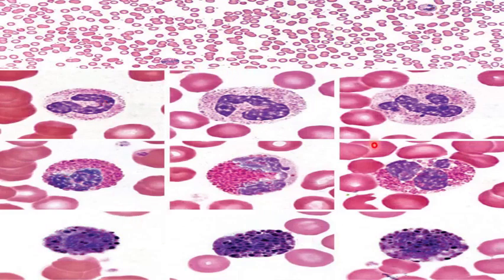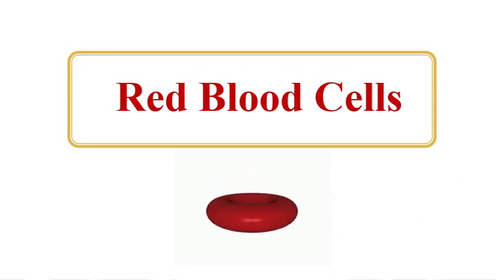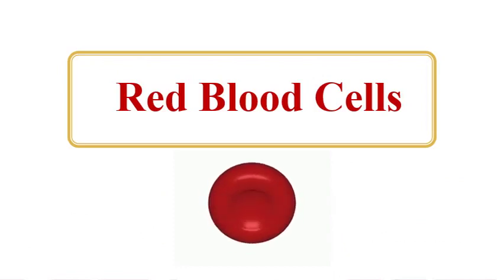White blood cells have many features or many shapes according to the function of the cell. We will talk about white blood cells in another lecture. In this lecture we will talk mainly about red blood cells, or RBCs.